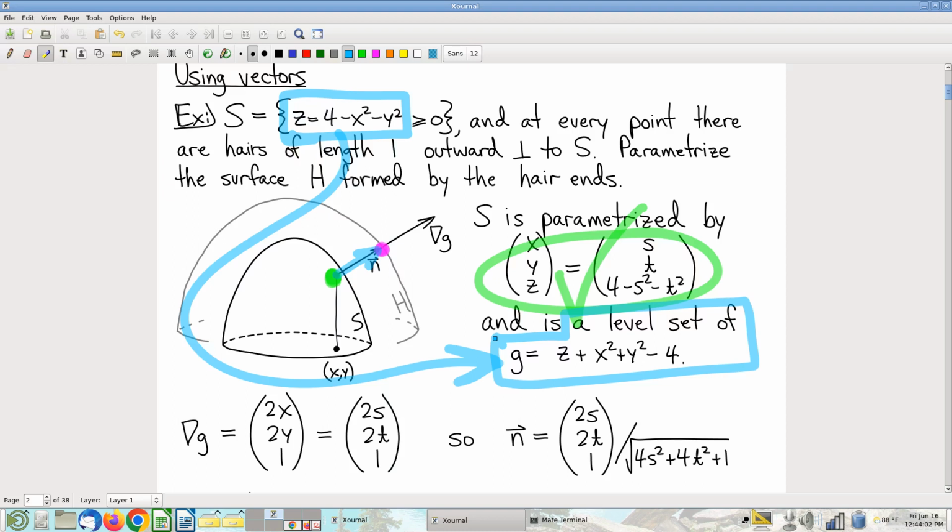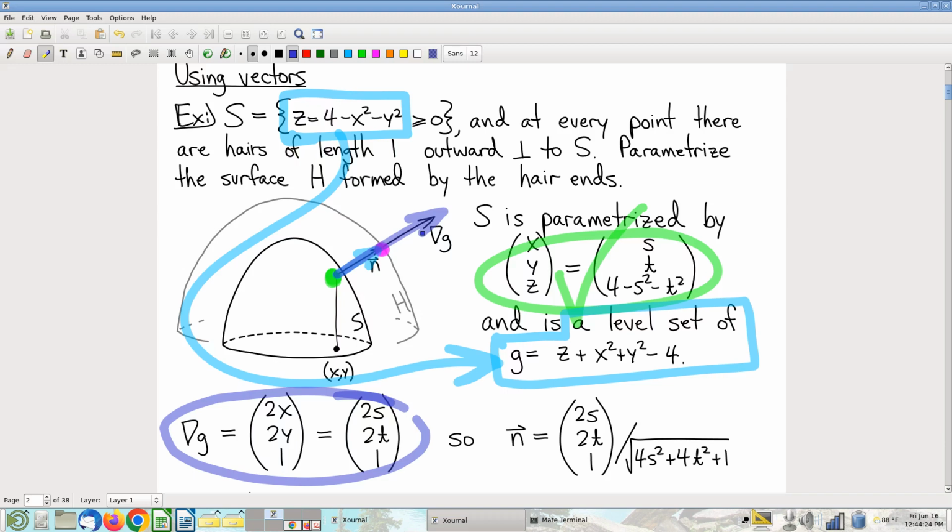And level sets have this nice feature that gradients are always perpendicular to level sets. So I can just take the gradient of this function little g here, and that'll give me a vector that points in exactly the direction that little n is supposed to point.